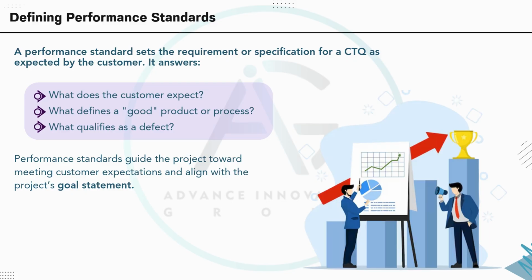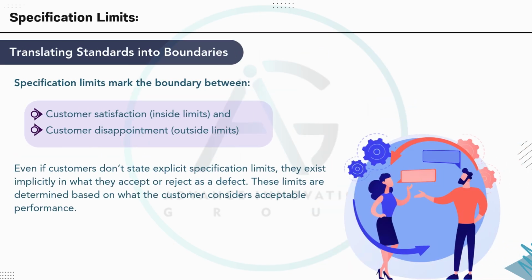Ultimately, performance standards create a shared understanding of success across the team and serve as the benchmark against which outcomes are measured. Once performance standards are defined, the next important concept to understand is specification limits. Specification limits act as boundaries between customer satisfaction and disappointment.